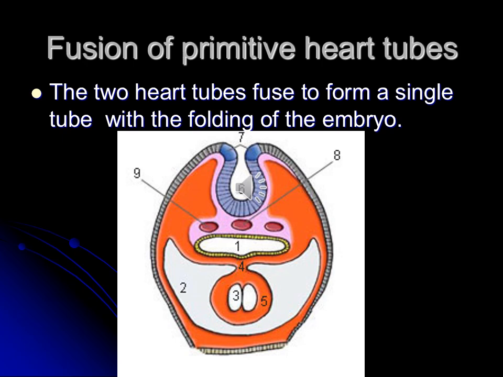In this slide we can see a transverse section. In the lower portion, here the two heart tubes which are formed separately on the right and left sides of the embryo, now they have come closer and they are starting to fuse. So this is what's called the fusion of the primitive heart tubes.